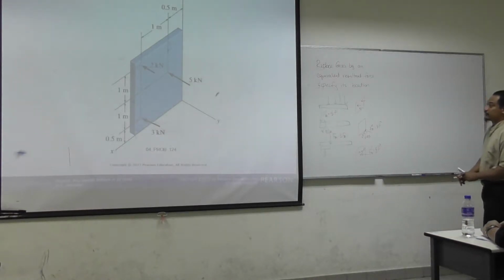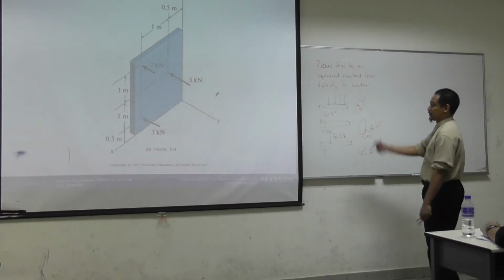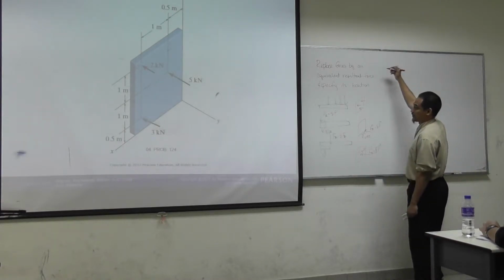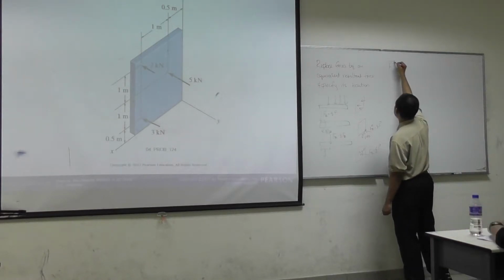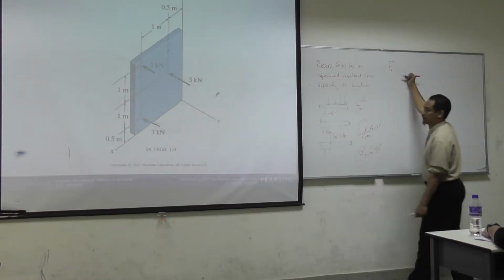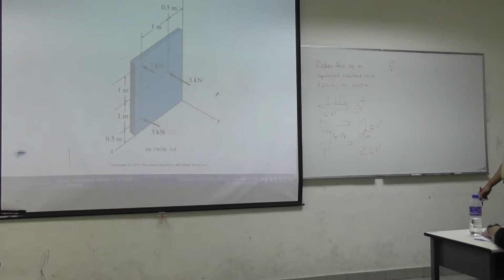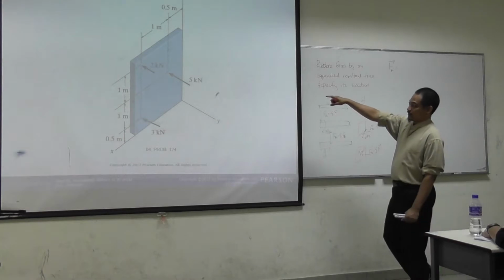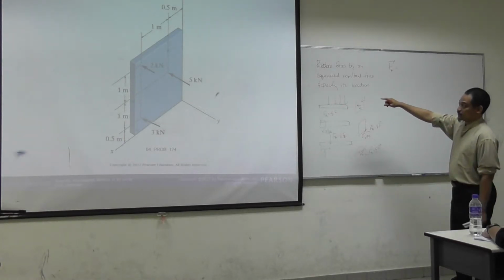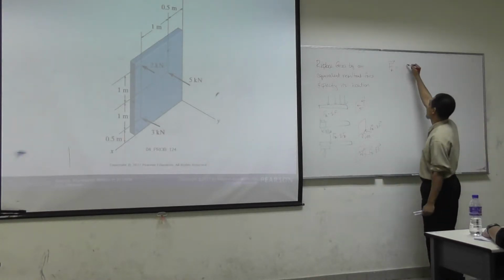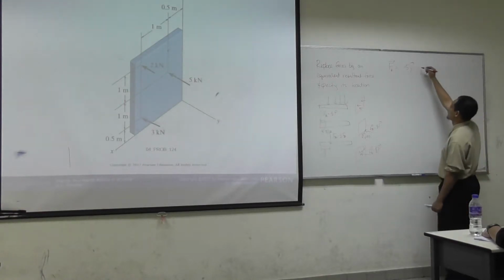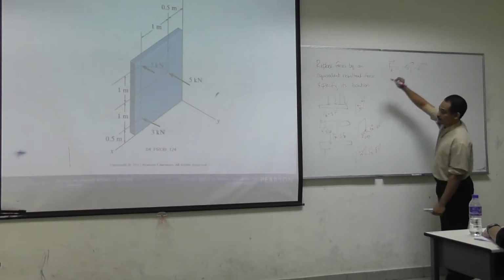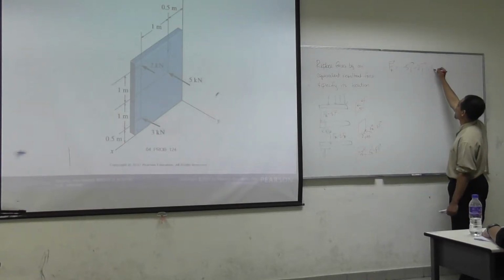So in this case, summation of forces, the FR will be, if we take it in terms of vector: the 5 kilonewton is minus 5j, the 2 kilonewton is minus 2j, and the 3 kilonewton is minus 3j.